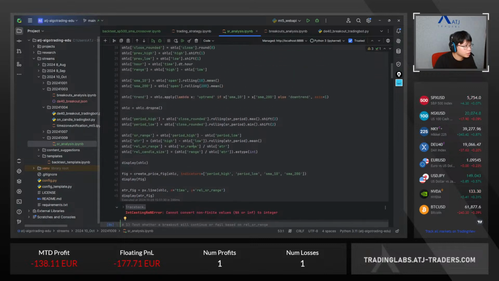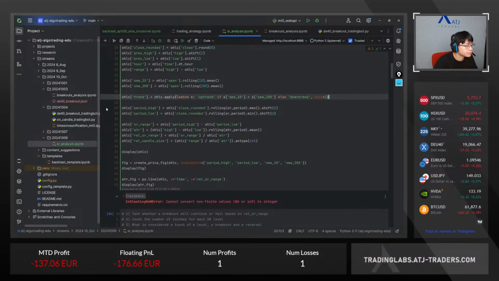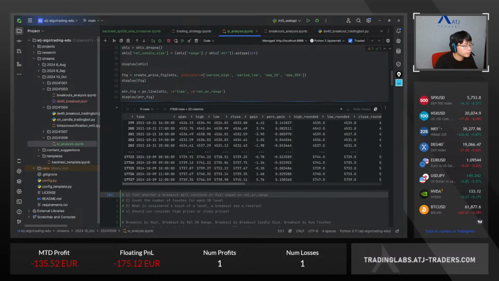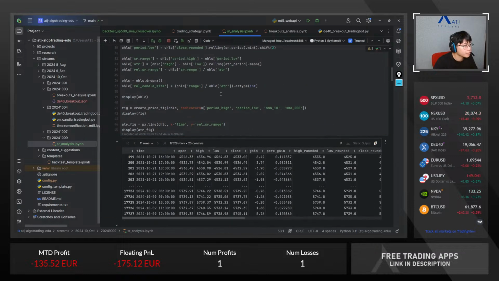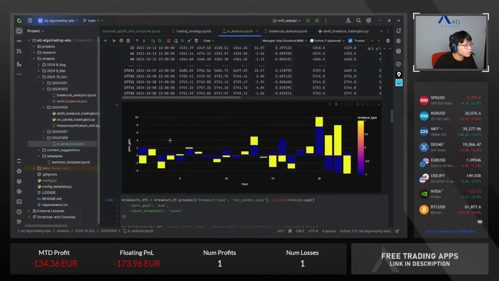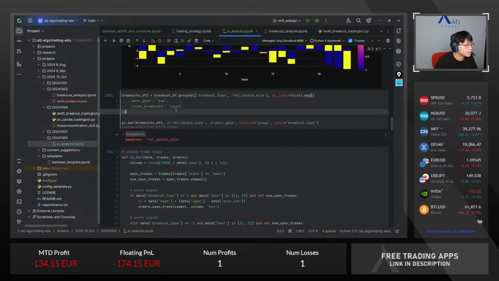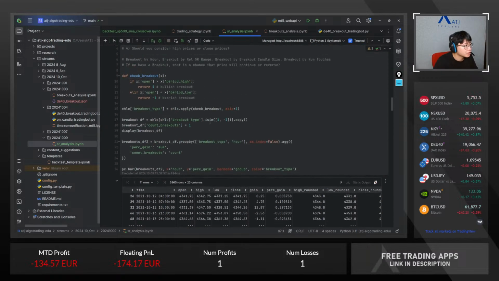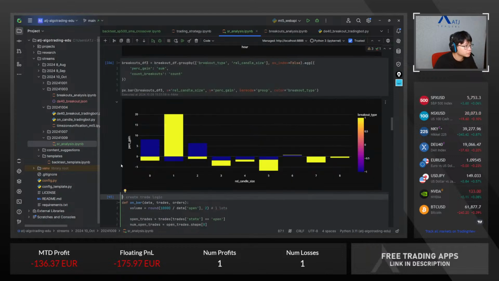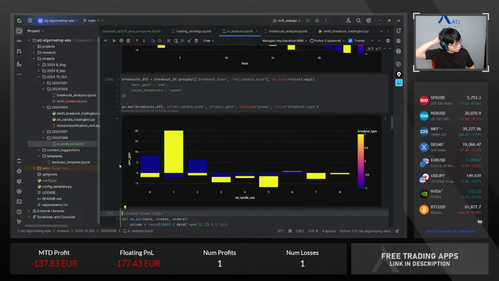And again, we have some rolling here as well. Let's just do it here. Nice. So now we computed that, and now we have the relative candle size. Let's run this. Hopefully now it works. Okay, that's very interesting.